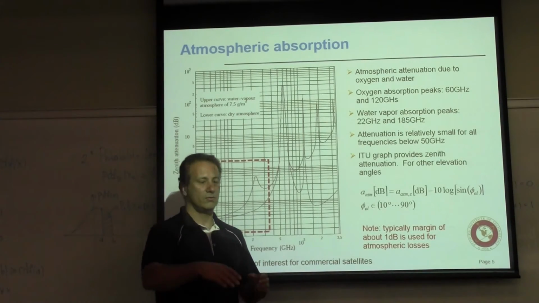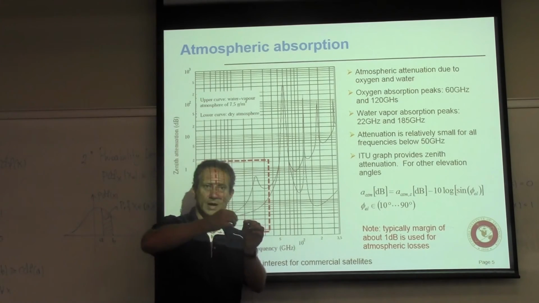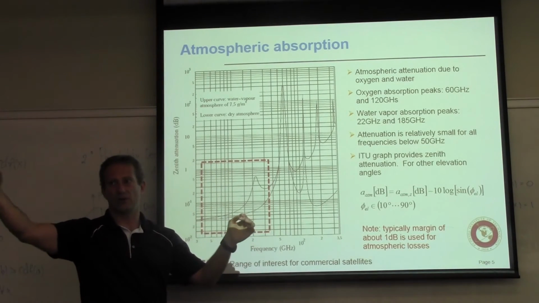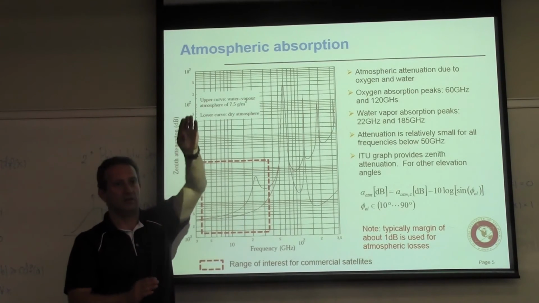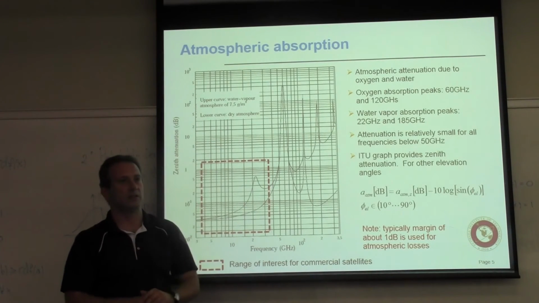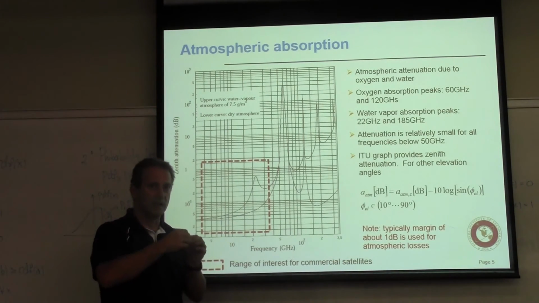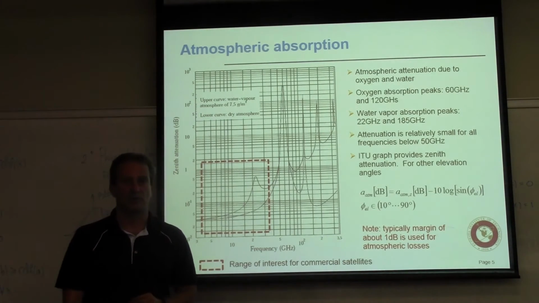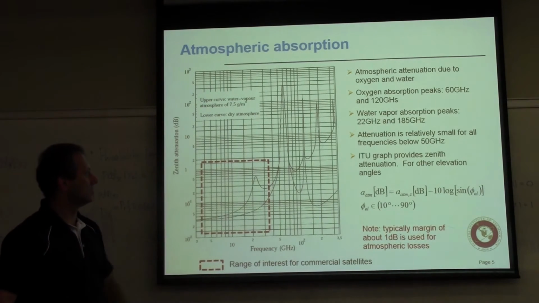Obviously, the lower you go in elevation angle, the longer your path through the atmosphere becomes, because the shortest path through the atmosphere is going straight up. At any angle smaller than 90 degrees, the length of the path through the atmosphere becomes longer, and your attenuation increases.